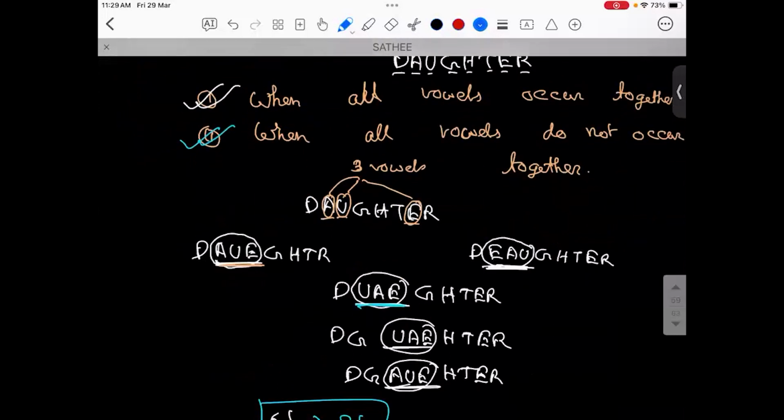The actual case is 8 factorial, because here we have 8 letters and we can write 8 factorial distinct words by choosing these elements.